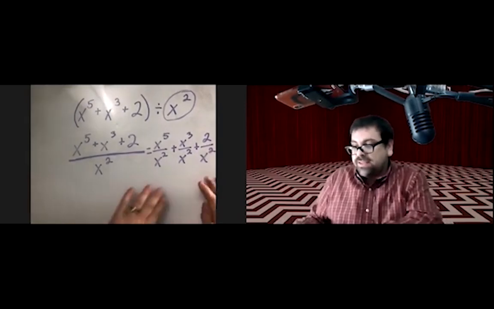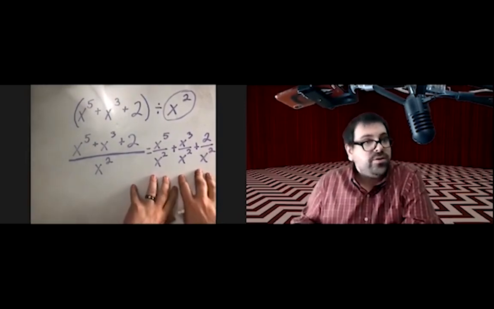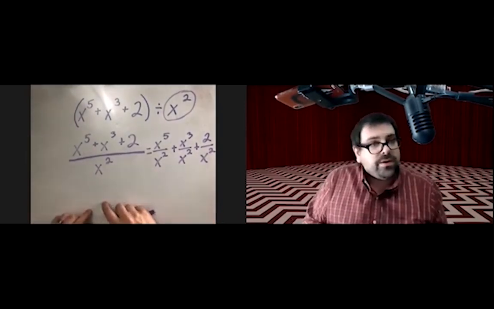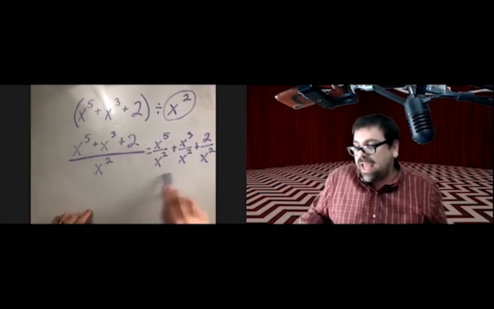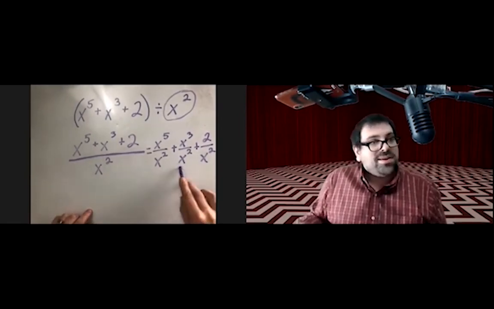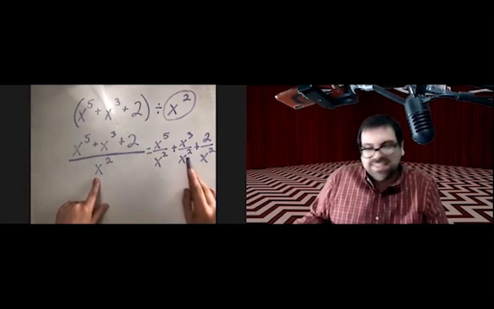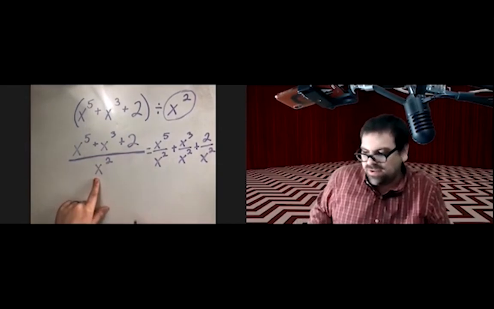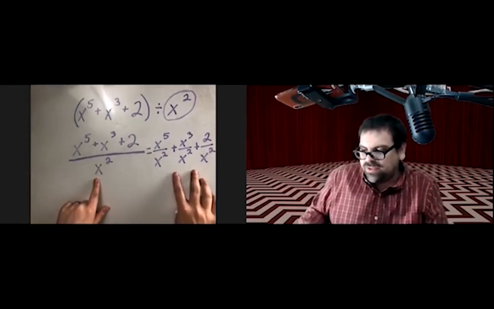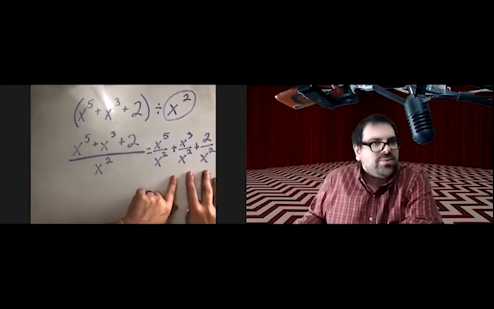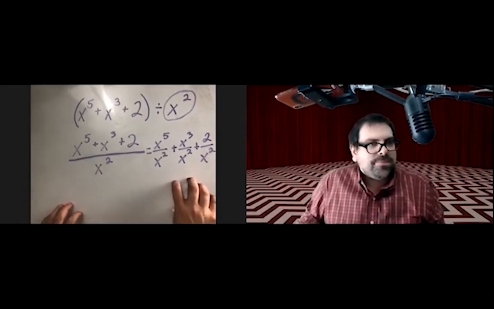And hopefully you see that this is the only way to do it. You can't just divide one of them, because what do we do when we add fractions with the same denominator? We keep the denominator the same and just add across the top. So naturally it would have to split up this way. It's the only way it works.